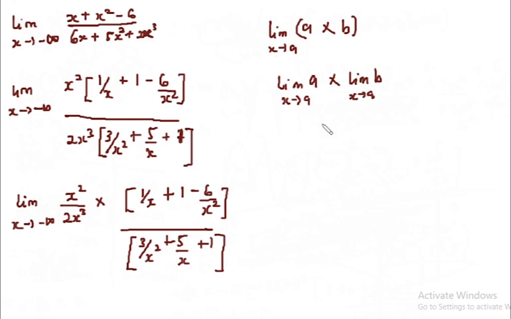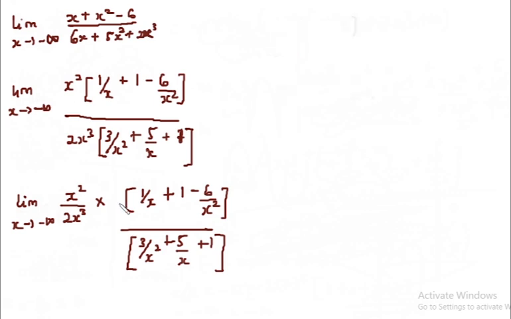So this is a law of limits. So that means I can take the limit of this one individually and multiply the result by the limit of this one. Because of that rule, I'll write this as the limits as x approaches negative infinity of x squared over 2x cubed.